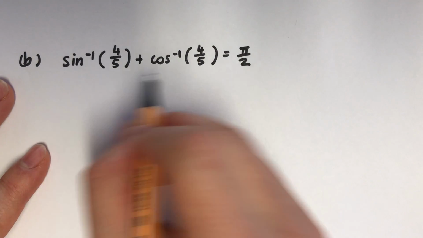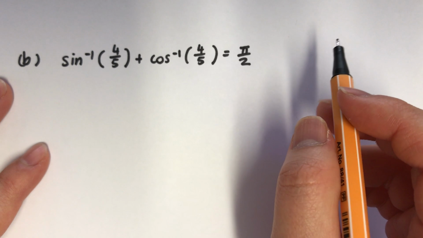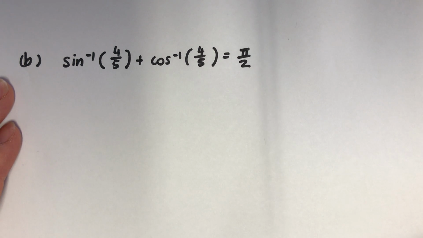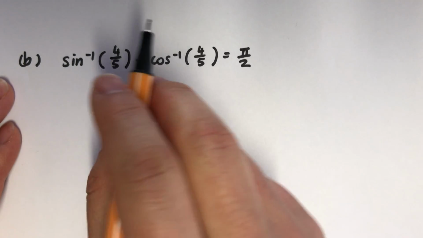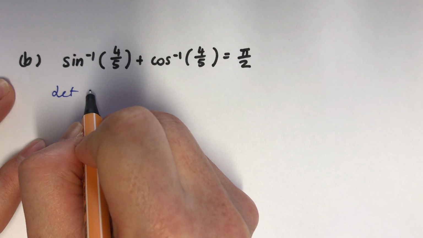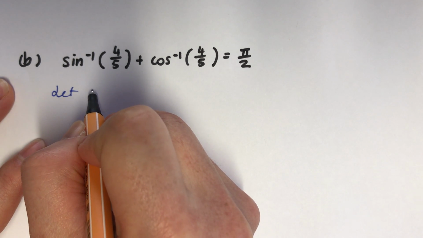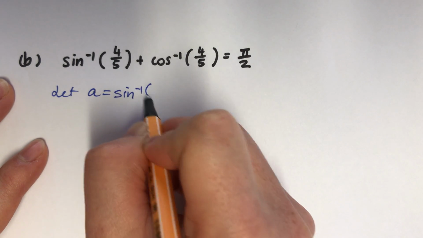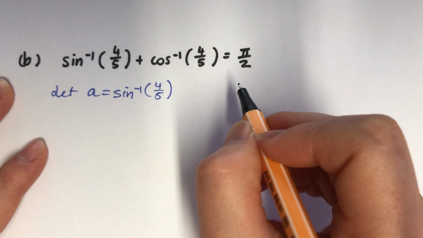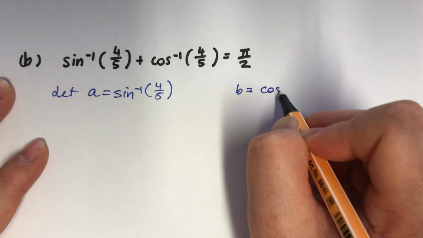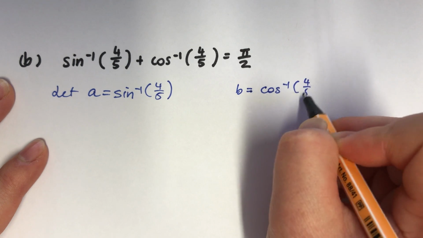Next have a look. Now by looking at this, it's the proof number 4, isn't it? Inverse sine x plus inverse cos x equals pi over 2. So you know it's going to be true, but we just have to prove it. So I'm going to go let a equals inverse sine 4 over 5 and b equals inverse cos 4 over 5.